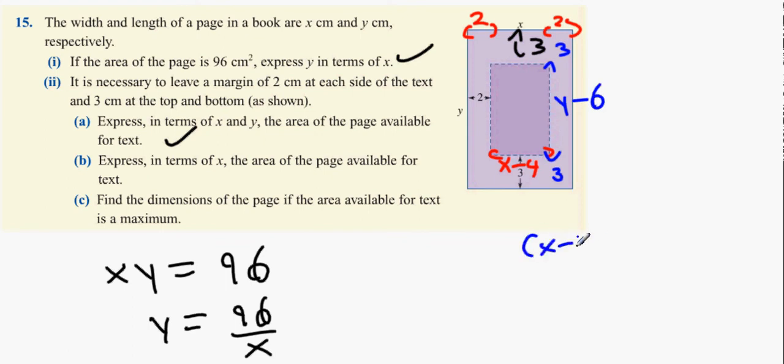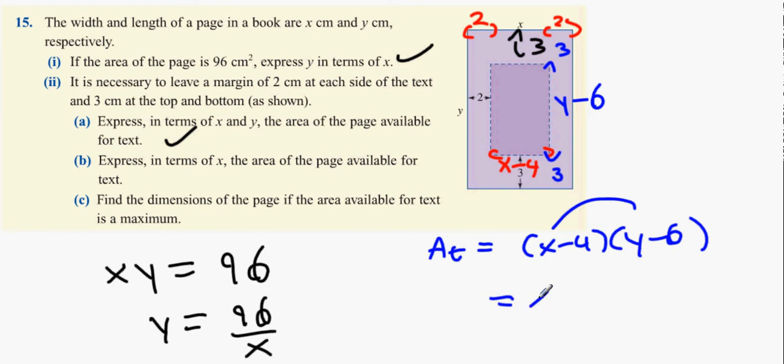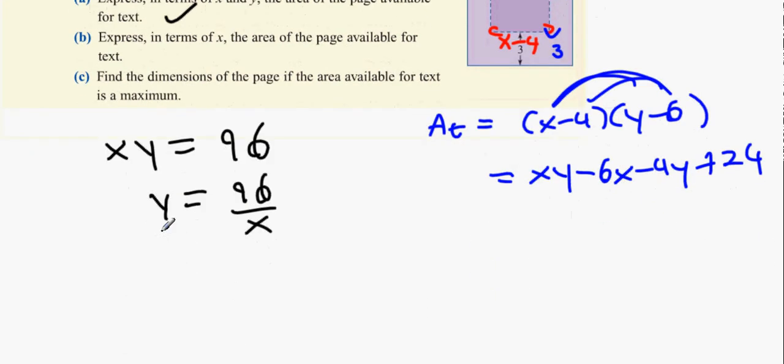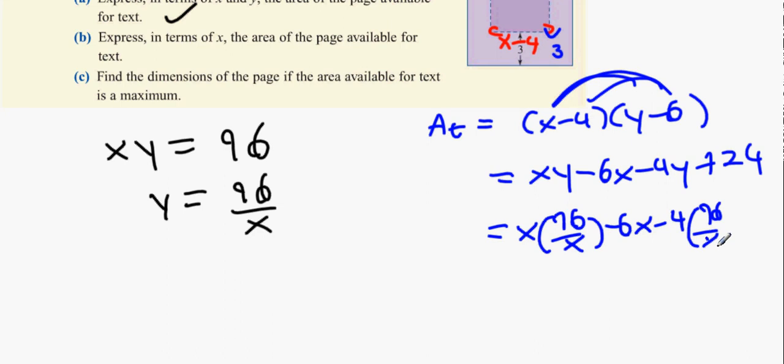Now it's going to be x minus 4 multiplied by y minus 6 is the area for text, or A subscript T. So we're going to get xy minus 6x minus 4y plus 24. Now, y equals 96 over x. So x times 96 over x minus 6x minus 4 into 96 all over x plus 24.